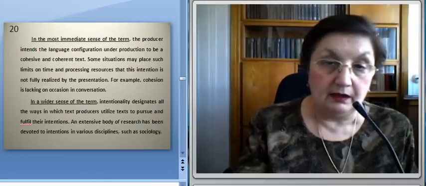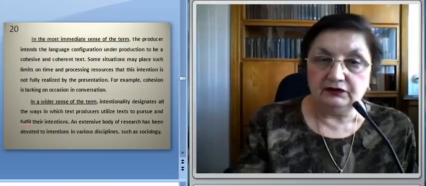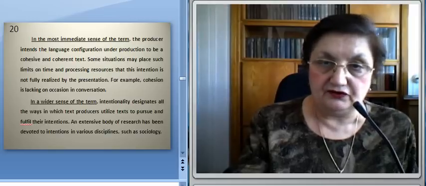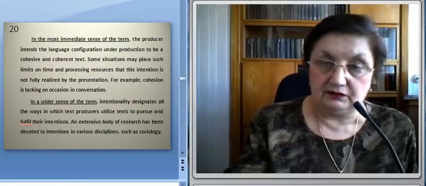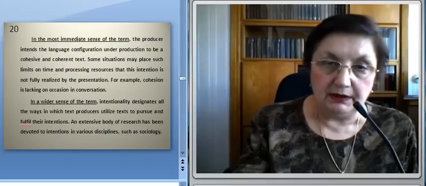Some situations may place such limits on time and processing resources that this intention is not fully realized by the presentation. For example, cohesion is lacking on occasion in conversation.